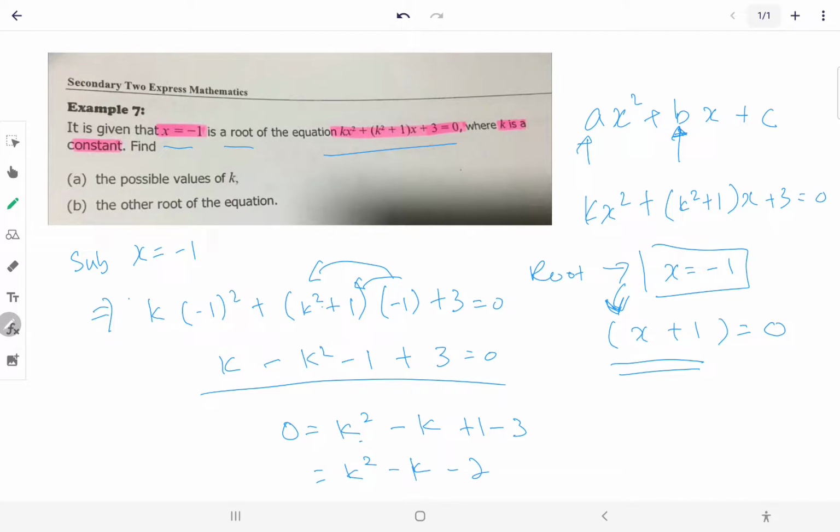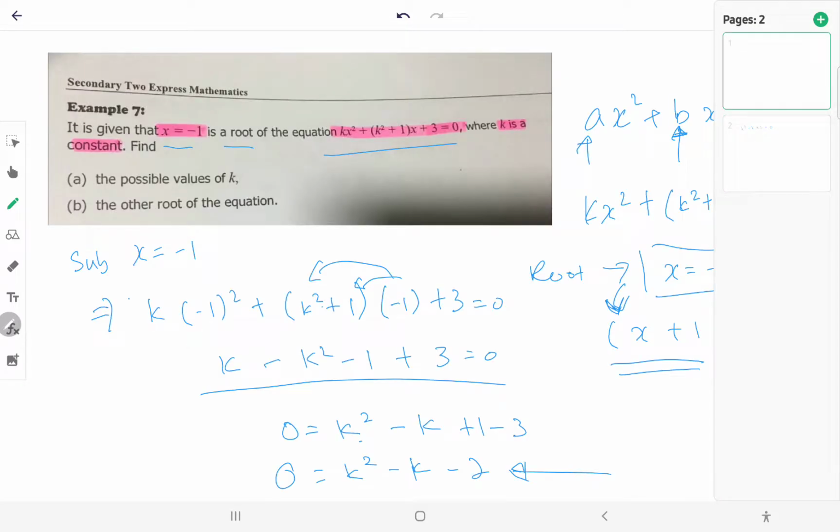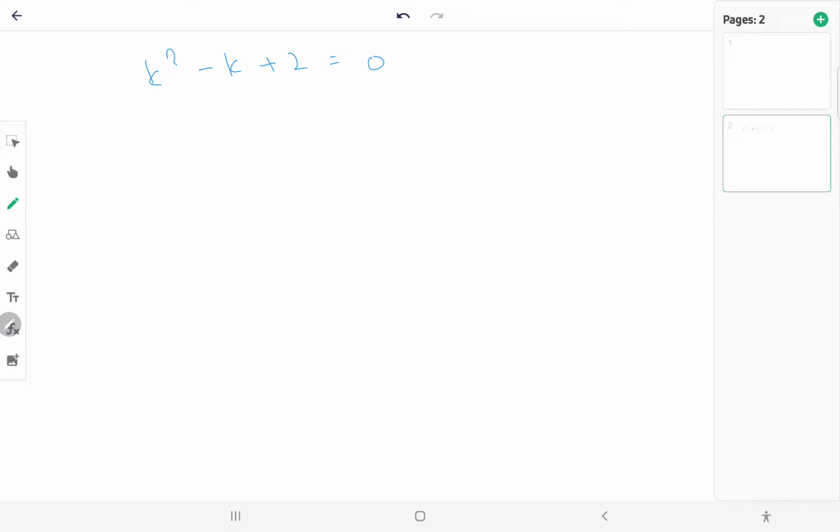Okay, so then you need to factorize. You do your quadratic factorization now. So let's copy this equation over to the next page. k squared minus k plus 2 equals 0. Just double check again. It's minus 2. Okay, let's correct it. This is minus 2.